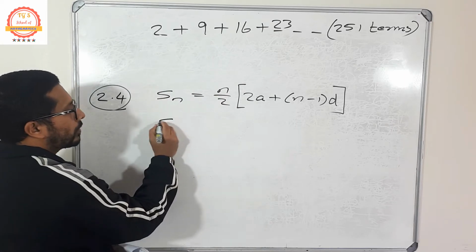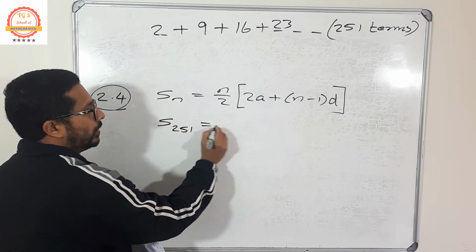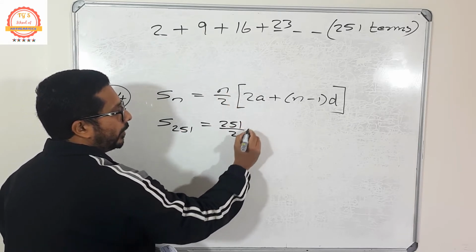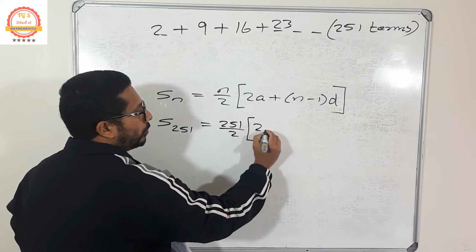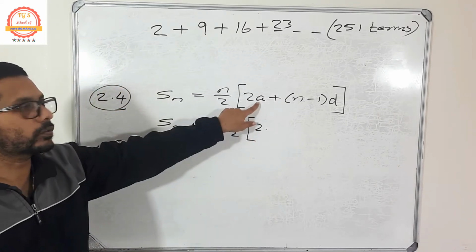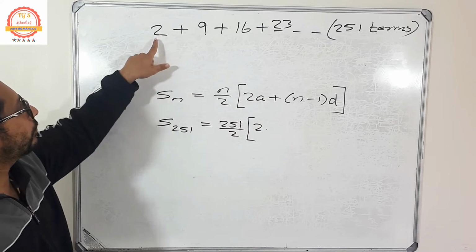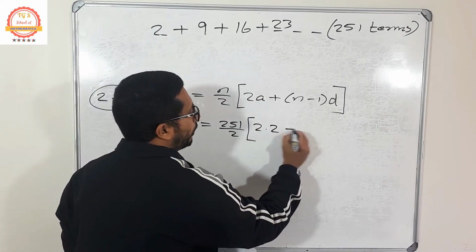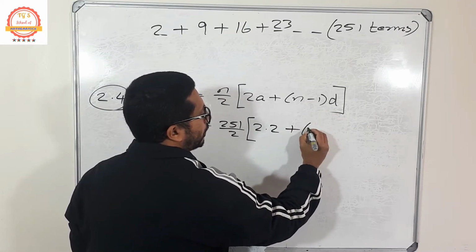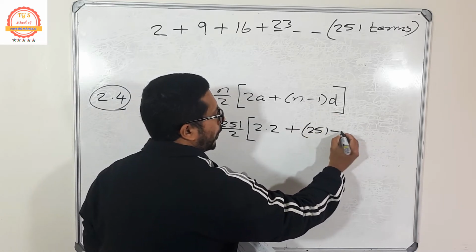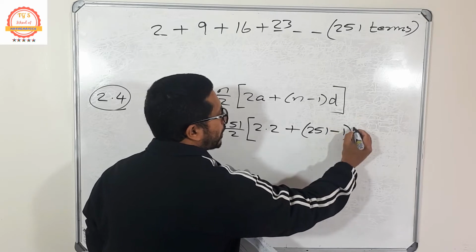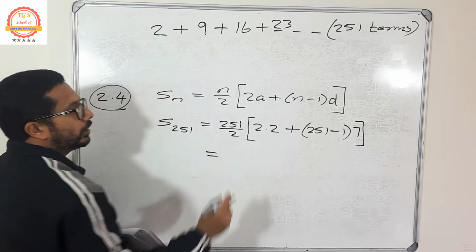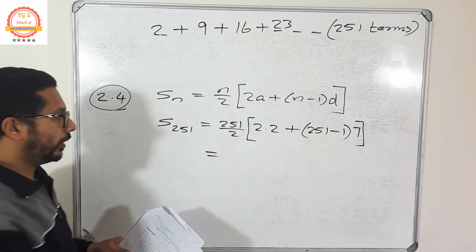So S of 251 is equal to 251 divided by 2 into 2 into a. What does a stand for? First term. Here what is the first term? It is 2. So it is 2 times 2 plus 251 minus 1 into d. What is the common difference? That is 7.